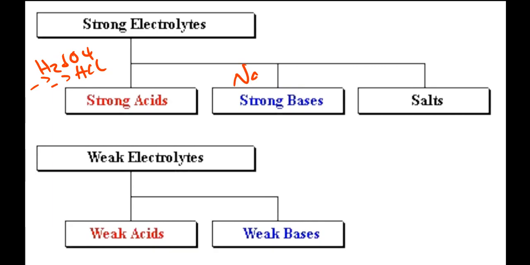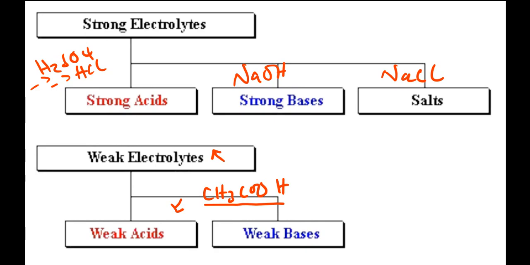We also get strong electrolytes from salts, like the example we gave, sodium chloride. The weak electrolytes we get from weak acids, like the example I gave, CH3COOH. This is a weak acid, so it will produce a weak electrolyte. We also have some weak bases like ammonia.